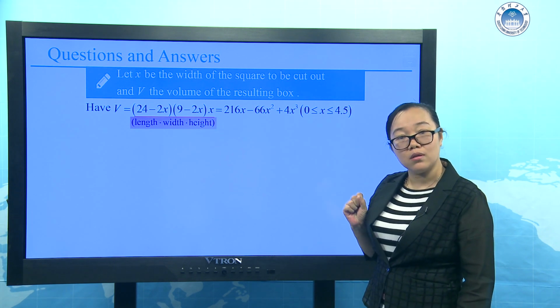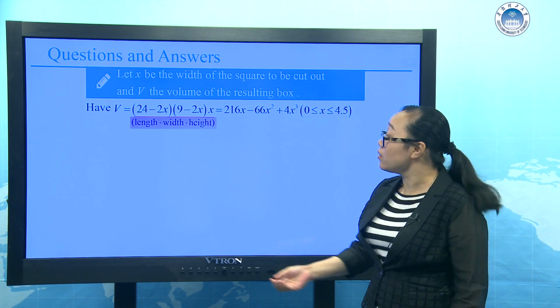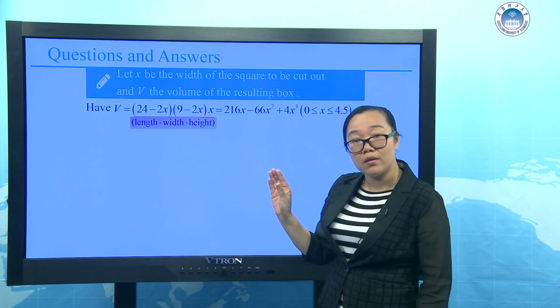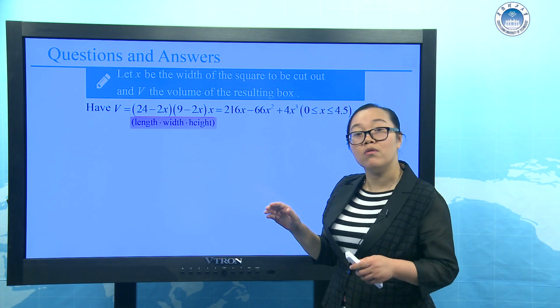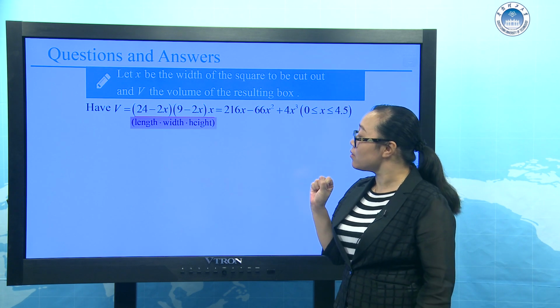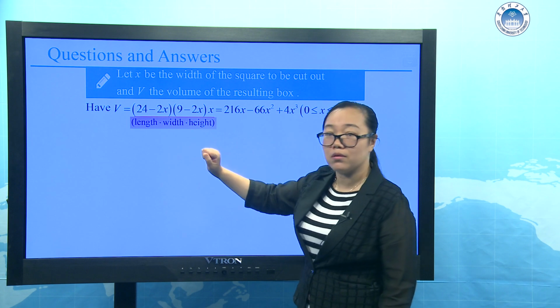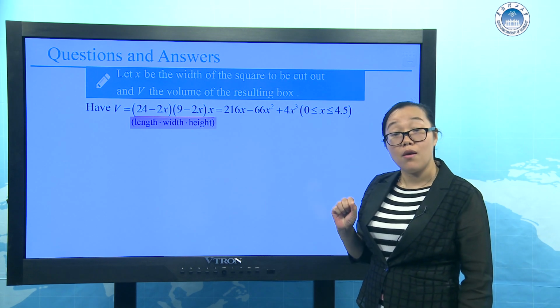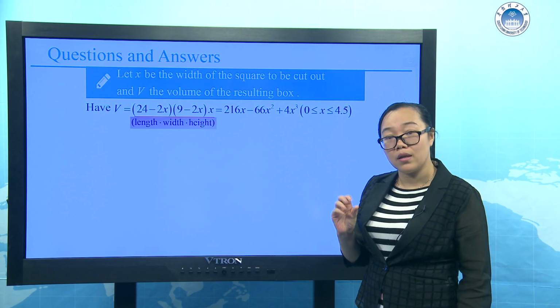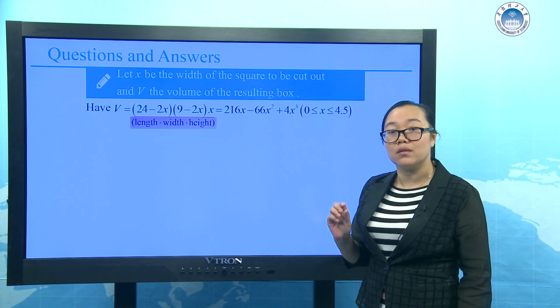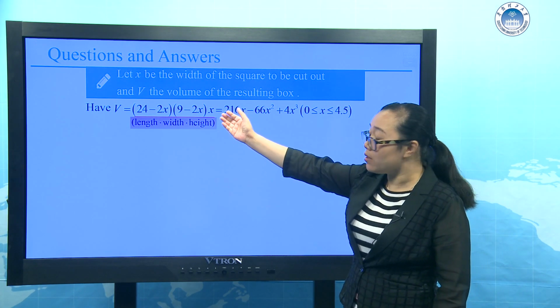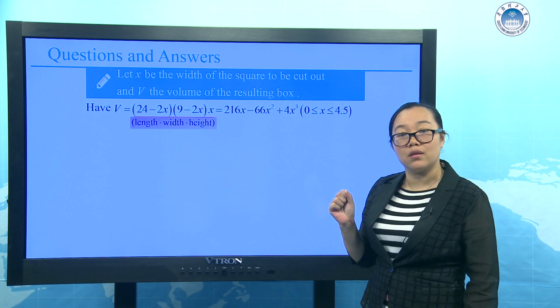In this question, the original length is 24, minus the 4 squares, so double x. So the length is 24 minus 2x. Corresponding width: the original width is 9, so the width is 9 minus 2x. The height is x.